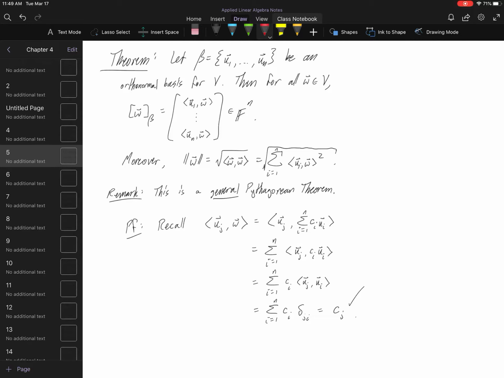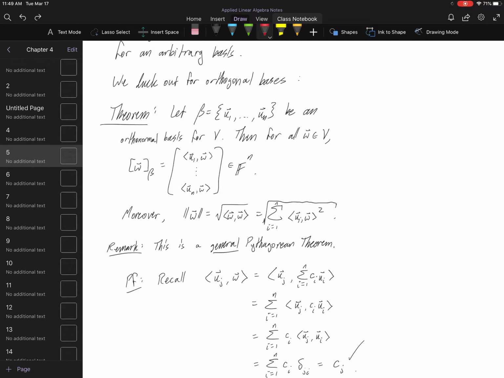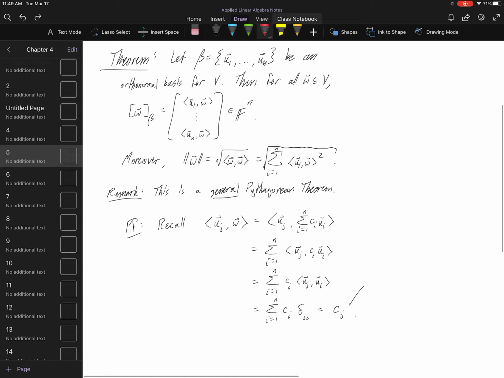And this is what we're going to show downstairs here: if we were to give ourselves an orthonormal basis, very important that we're using an orthonormal basis here, then we could express the coordinates of an arbitrary vector w as just the vector of inner products of w against each element of the orthonormal basis.